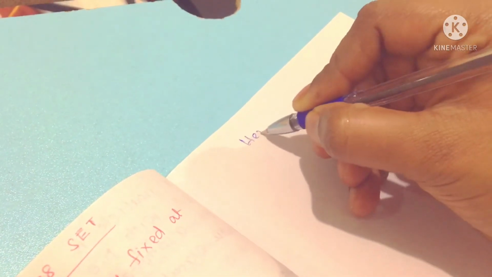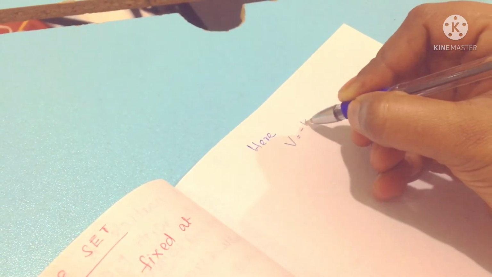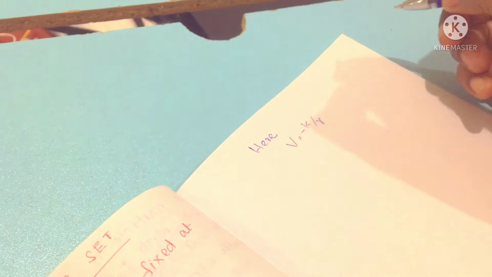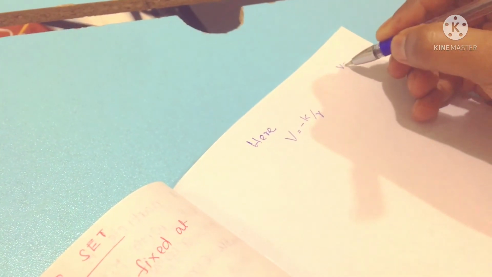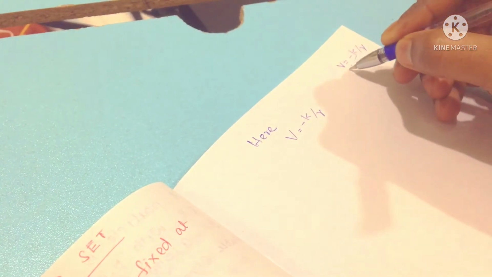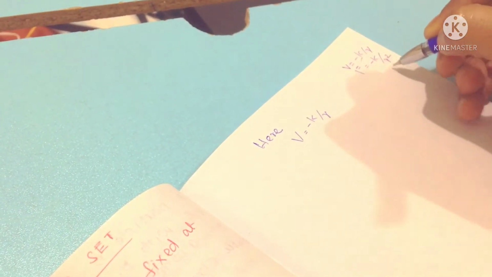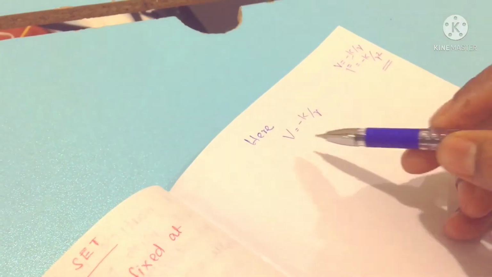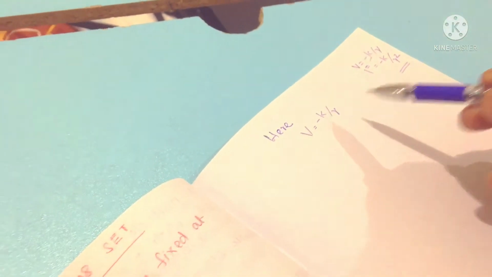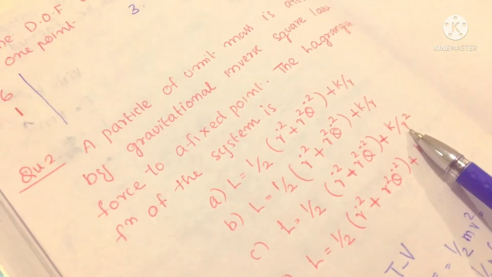Here they given inverse square law. So V is equal to minus k by r. For inverse square law force, V is equal to minus k by r and F is equal to minus k by r square. From this itself, we can eliminate option C because there it is k by r square.